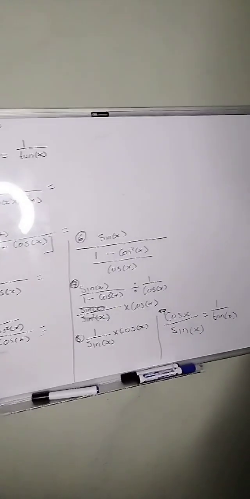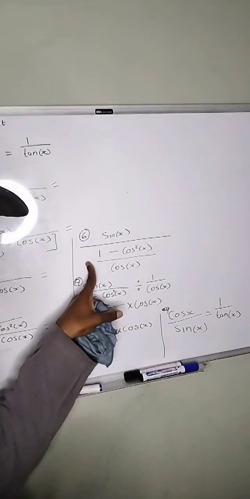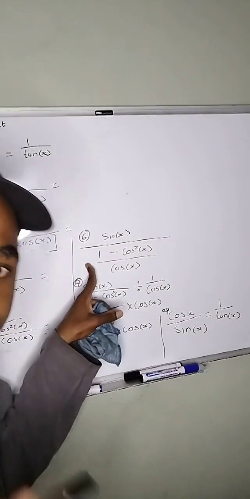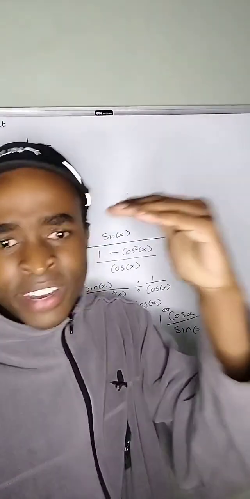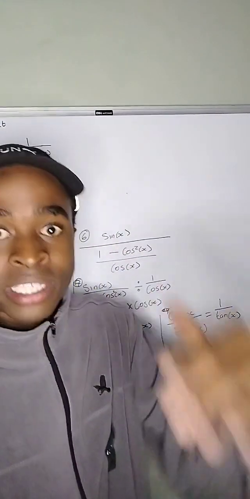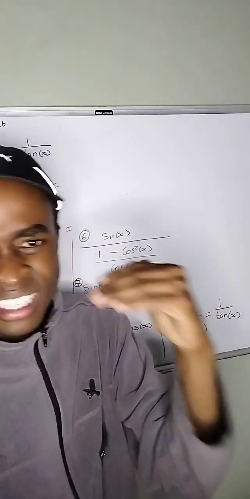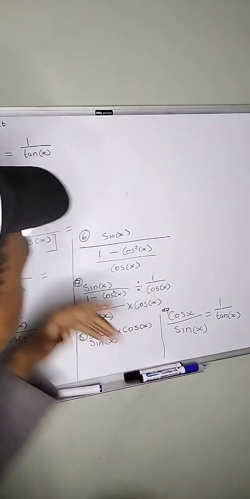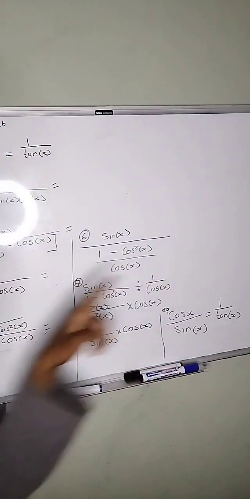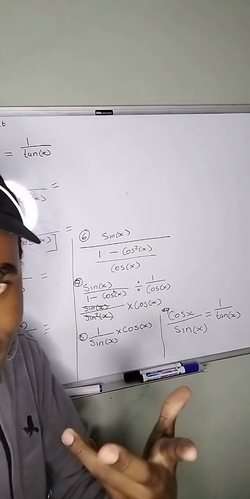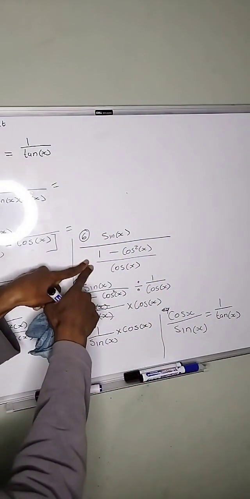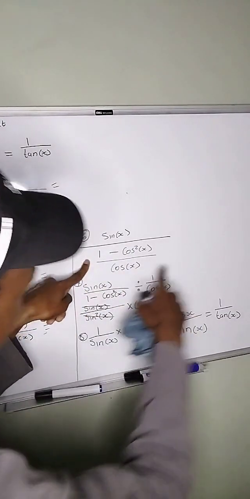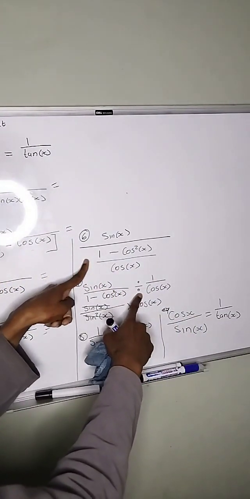Alright, thank you very much, guys. So here I was avoiding this divide by that. Because if I'm having many division lines, I felt like it's going to confuse me. So this division line, I just got rid of it and substituted it with this guy.